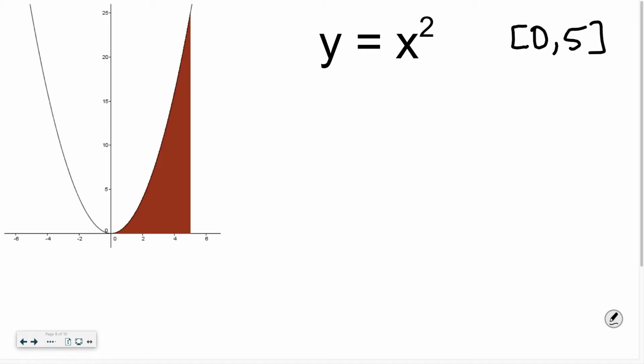And then the area from the interval 0 to 5 is shaded in that maroon color. So what we are going to find is the integral from 0 to 5 of x squared dx. That's what we are going to calculate.